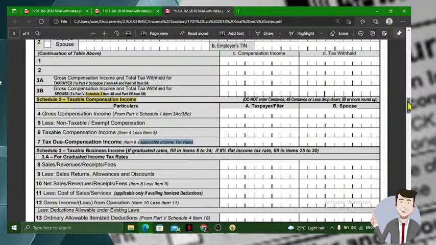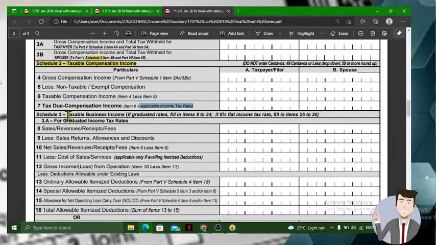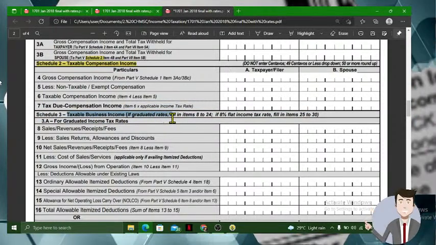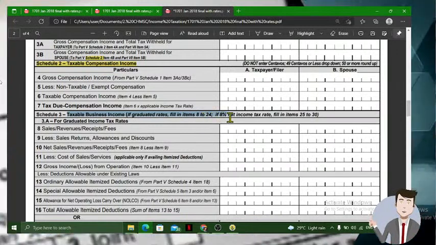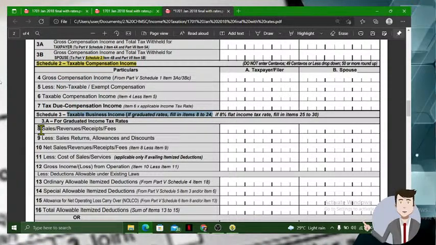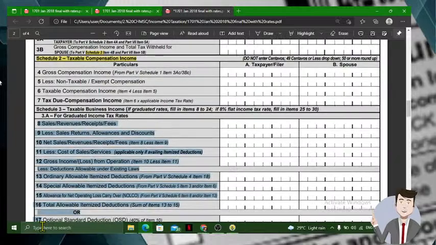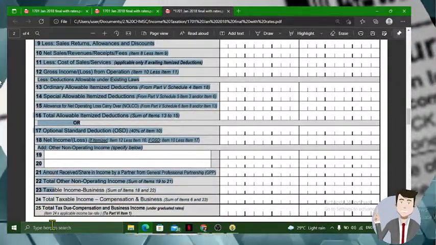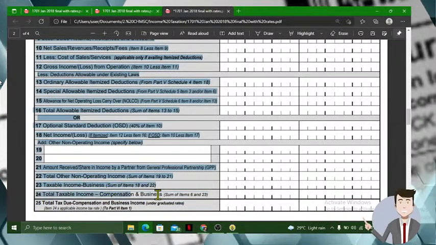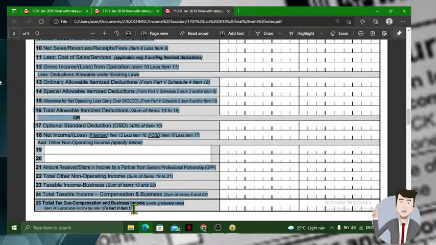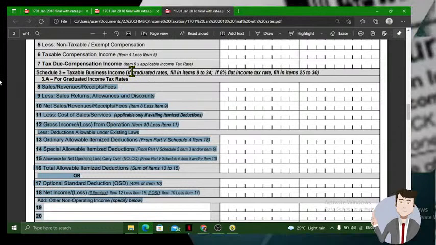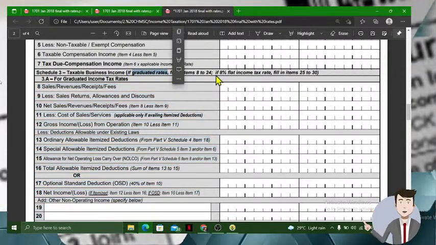So, schedule number 3 for mixed income earner would be your taxable business income. Take note, if graduated rates, fill up the items 8 to 24. Okay? So, this information is for taxpayers who opted for the graduated rates.